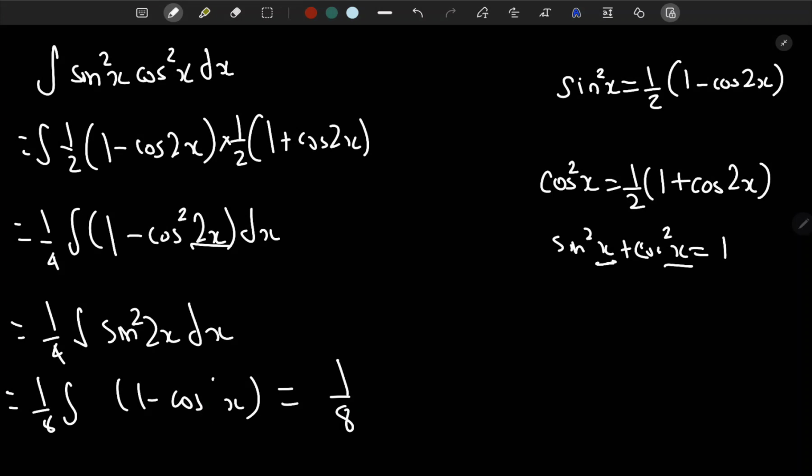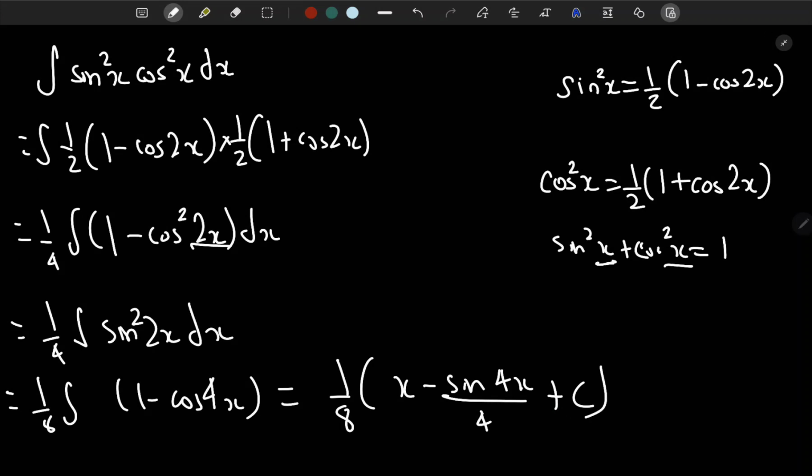The angle is going to be 4x, so always keep track of it. This is actually a very common mistake students make. If you keep using the half angle formula, the power reducing formula again and again, you will forget to double the angle. Anyways, so it's going to be 1 over 8. Integral of 1 is just x minus sine 4x over 4 plus c, and this is the final answer.